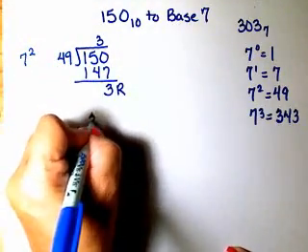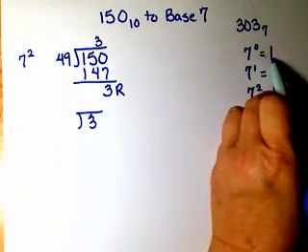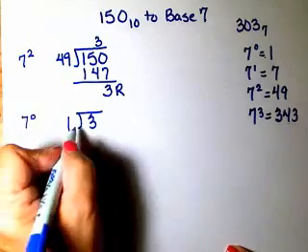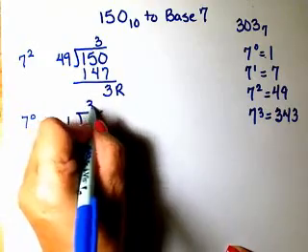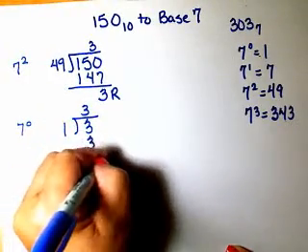Then we take 3 and divide that by 1, which is 7 to the 0 power. 1 into 3 is 3. 1 times 3 is 3. Subtract and get 0.